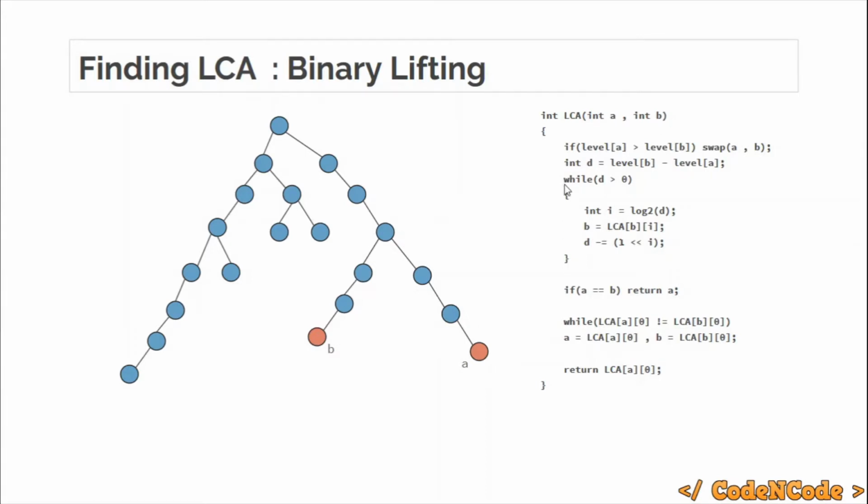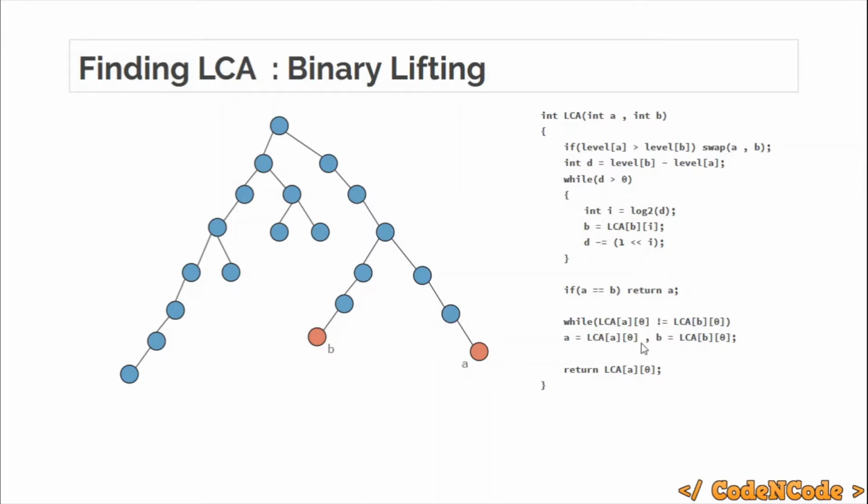Earlier, we were able to make those 2 raised to power ith jumps because we actually know the distance between the levels of A and B. So we had a distance D, the distance that we have to cover. Each time we can calculate its log, and then we know we have to make a jump of 2 raised to power I. But here we do not know at what distance the LCA exists. So because of that, we have to make jumps of length 1.